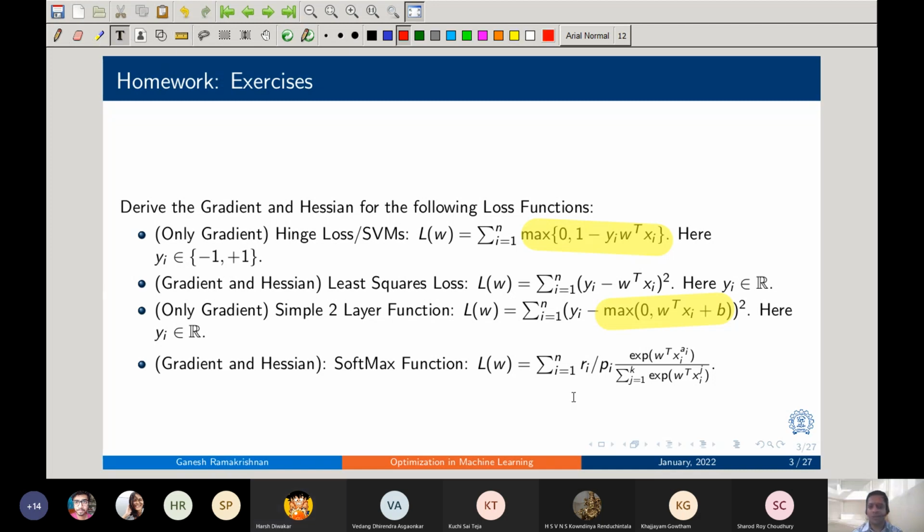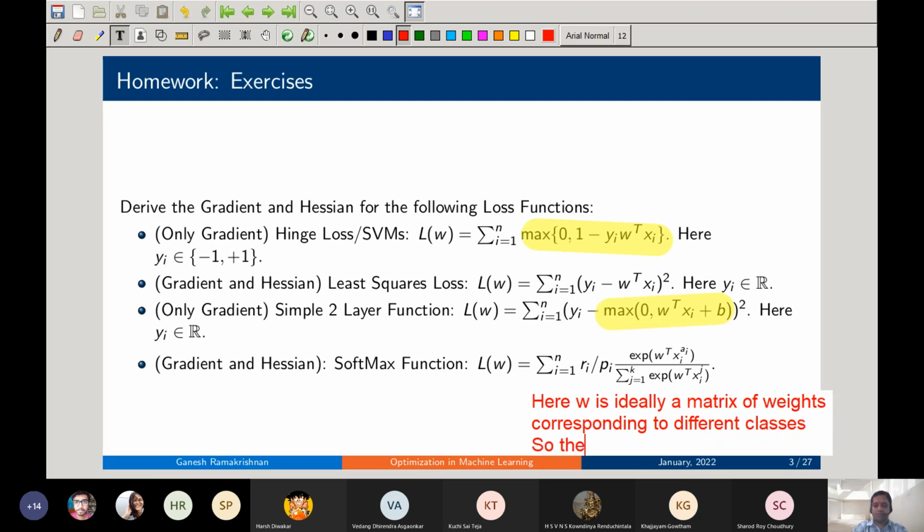So here W is ideally a matrix, so the Hessian can be obtained as a matrix by vectorizing the matrix of weights.